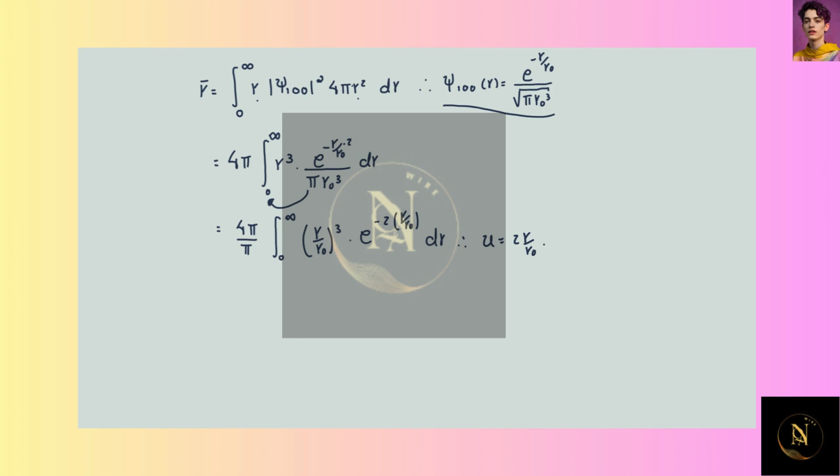Then we get du is equal to 2 over r0 dr. So dr is equal to r0 divided by 2 times du.